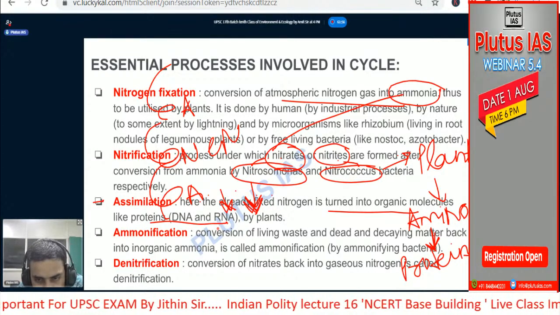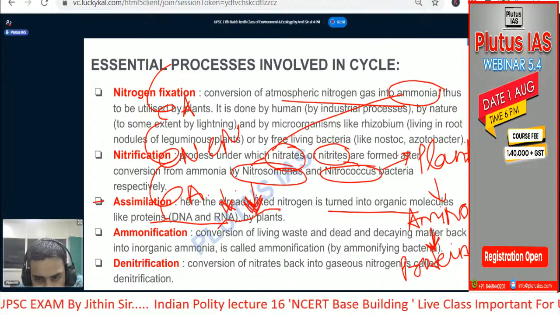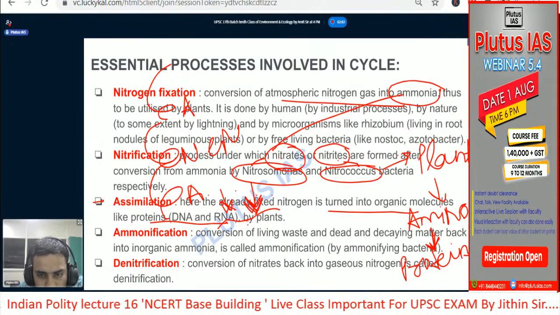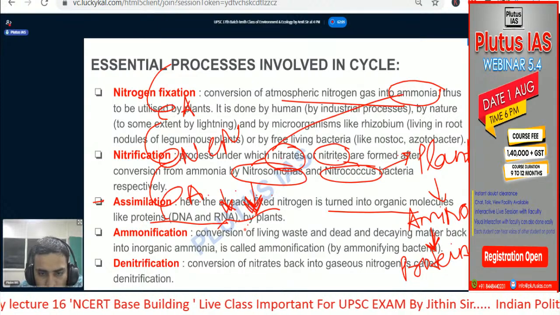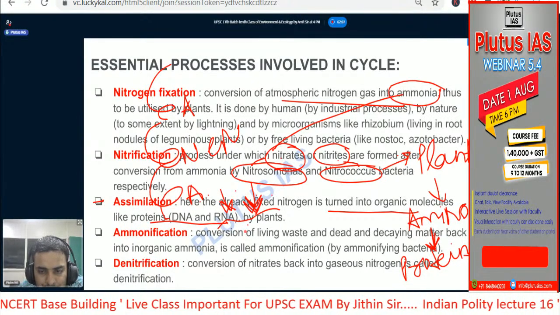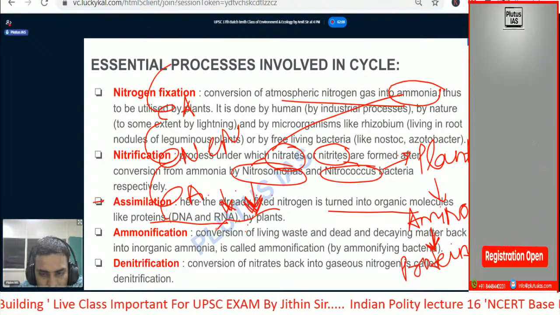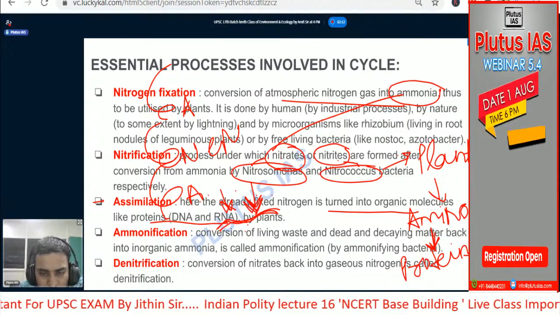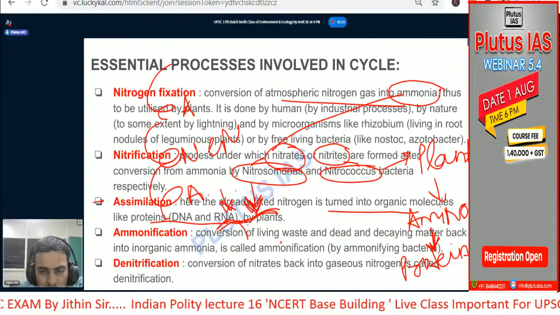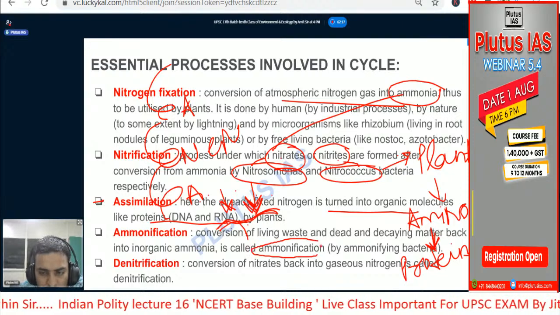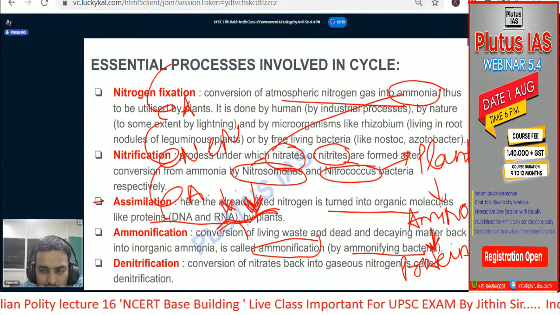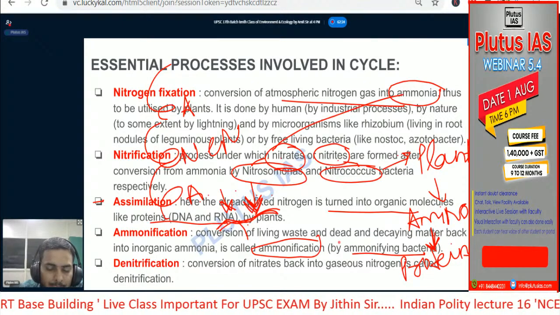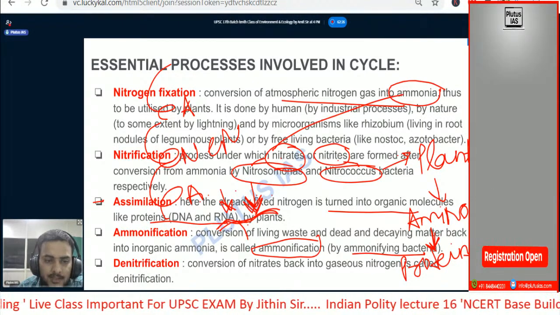This decomposition and waste generation will lead to release of nitrogen compounds, converted back to inorganic ammonia in the process called ammonification by ammonifying bacteria. It is not very important. Okay, clear?